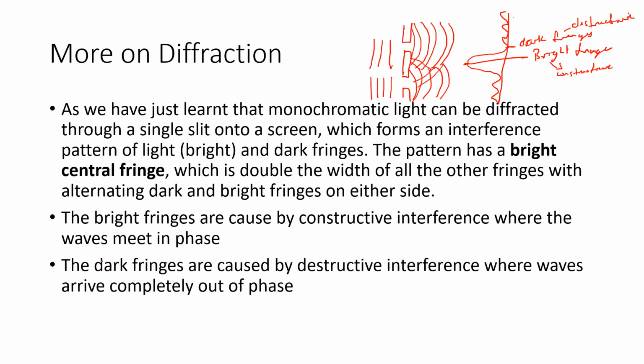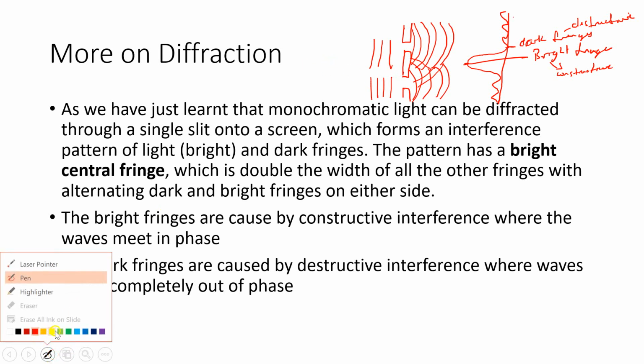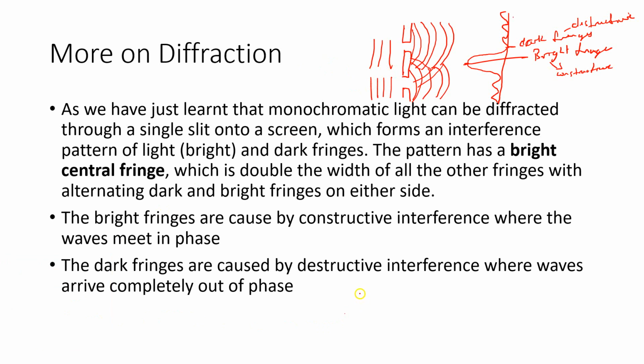Now, if I were to take two gaps, let me just draw it right here. So this is one gap in between here, and then I'm going to have another gap right here.